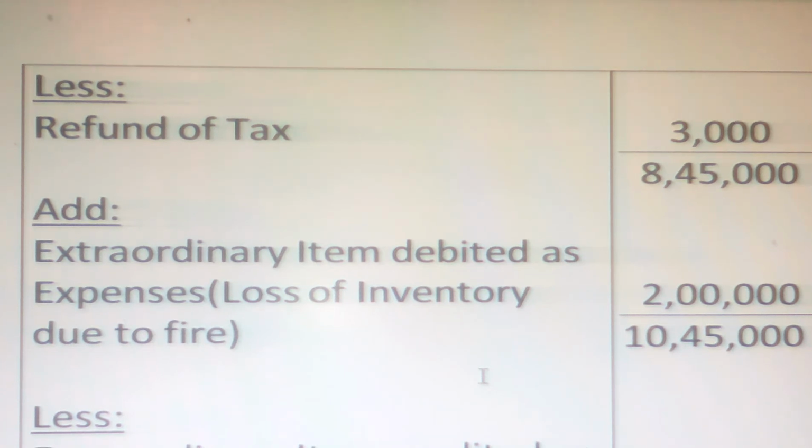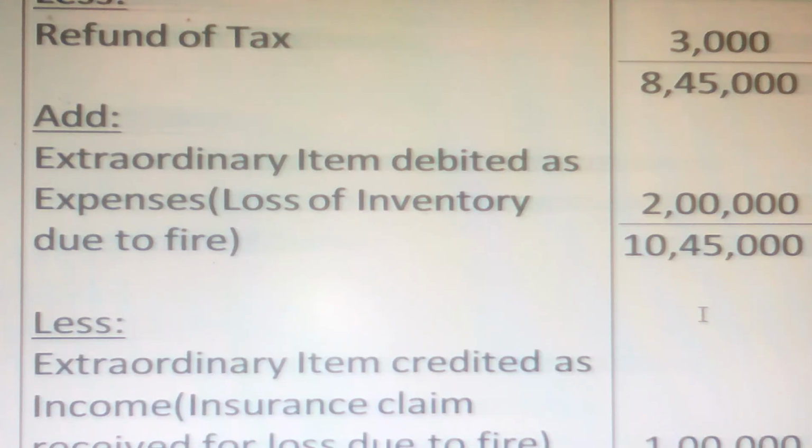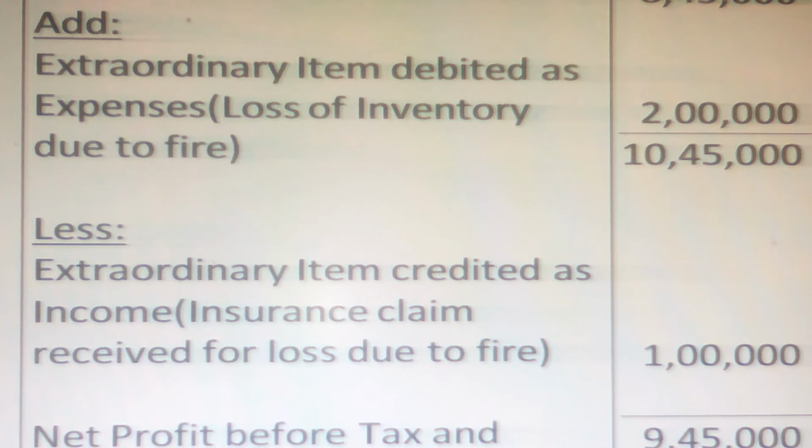Earlier in our profit and loss account we showed the loss of inventory due to fire. It is an extraordinary item expense, so again we add 2 lakh. We get 10,45,000. Then less extraordinary item credited as income. Insurance claim received for the loss due to fire is income, so you deduct that extraordinary item income, 1 lakh.